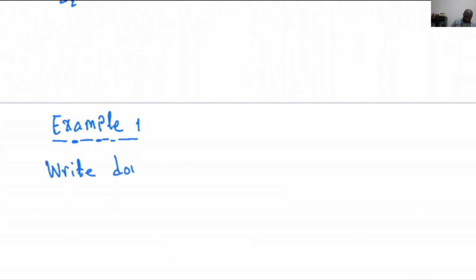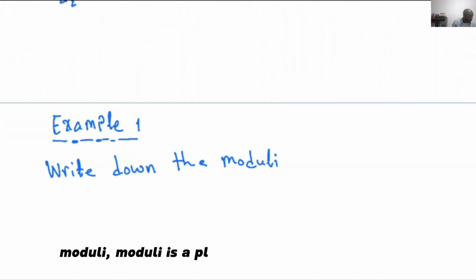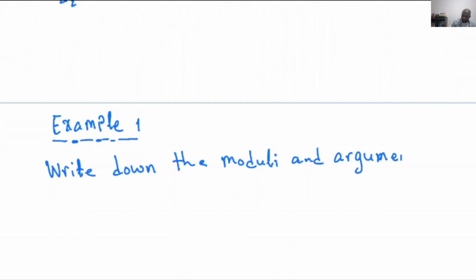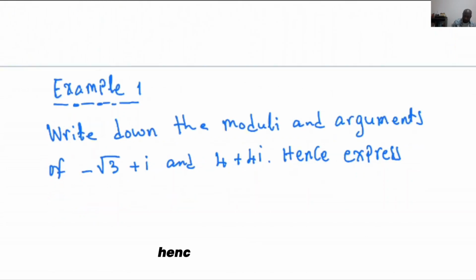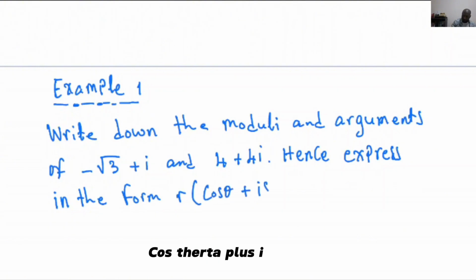Write down the moduli. Moduli is a plural form of modulus, and arguments of negative root 3 plus i and 4 plus 4i, hence expressed in the form r into cos theta plus i sin theta.